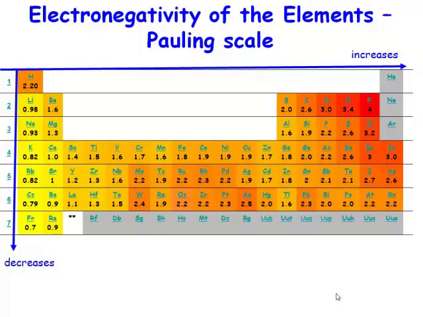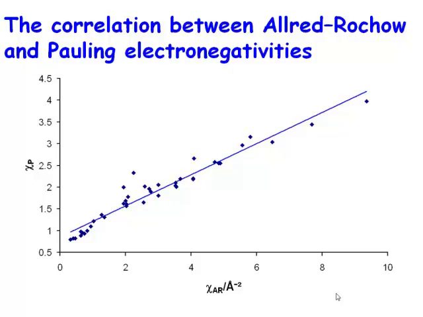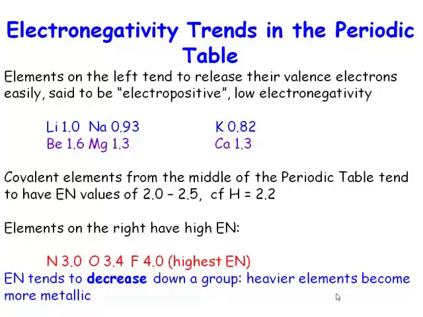If you do hundreds and hundreds of calculations based on bond dissociation energies, then that is the table of values that you arrive at. Electronegativity is not a perfect concept. It's not a directly measurable value with an absolute solution. But you can get trends in these things, and you can use that information very usefully to predict all sorts of things about your molecules.